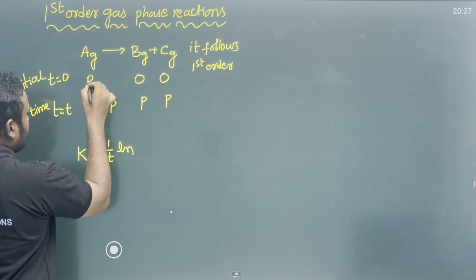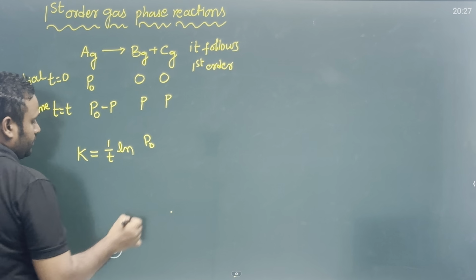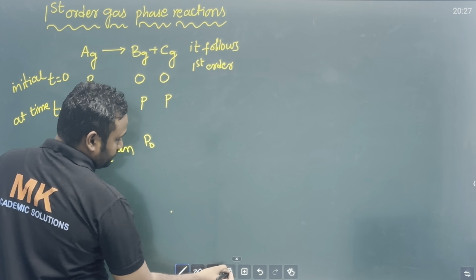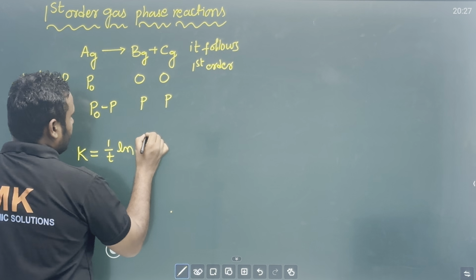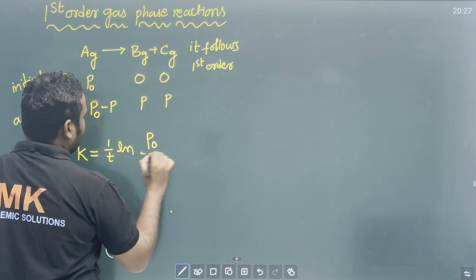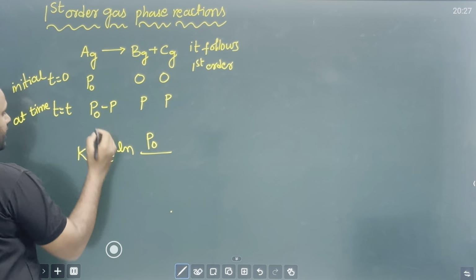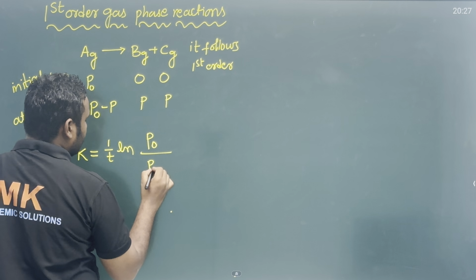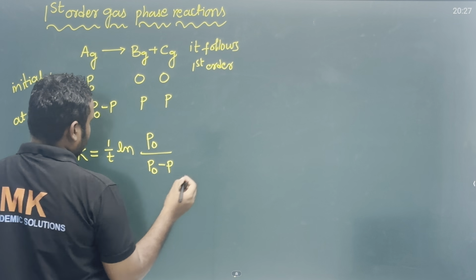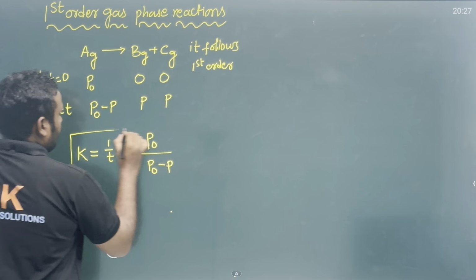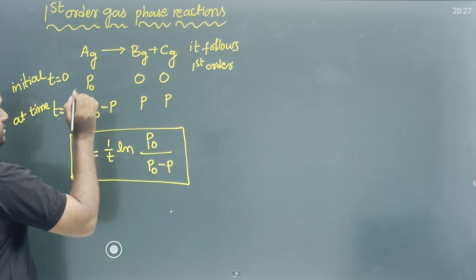The initial concentration means the initial pressure, which is P naught, divided by the pressure at time t. What is the pressure of gas at time t? P naught minus P. This is the rate constant for a first order reaction in gas phase.